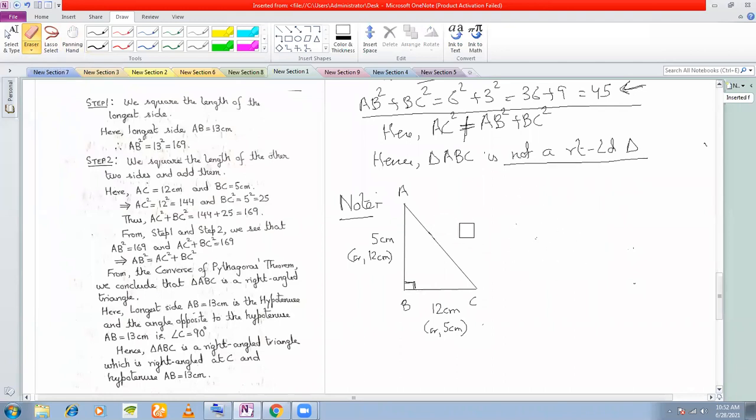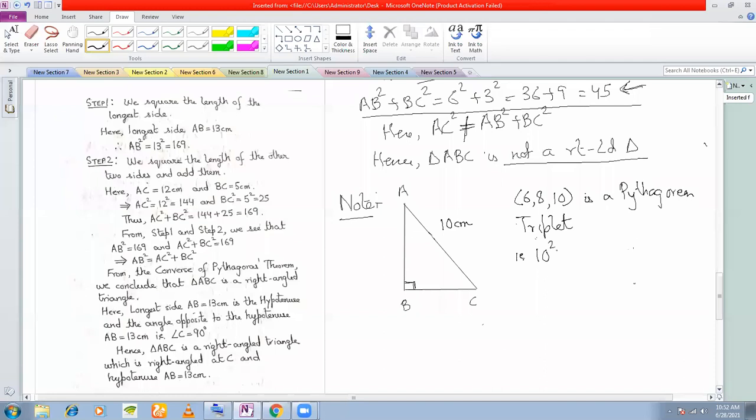Let us take one more example. Suppose the hypotenuse is given to you as 10 centimeters. Which Pythagorean triplet contains 10? 6, 8 and 10, right? It is a Pythagorean triplet, because 10 square is 6 square plus 8 square.